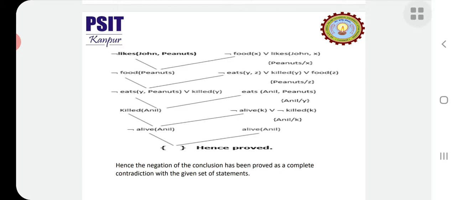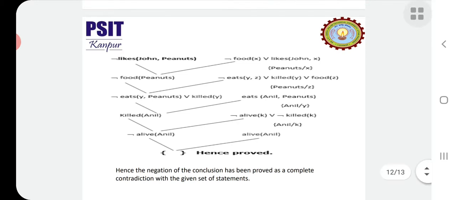No, negation food, that means now you have to search for food in the set of statements. So food(peanuts), here food(x), food(z), not x. So both will be cancelled out. The remaining part will be negation eats(y, z) or killed(y).